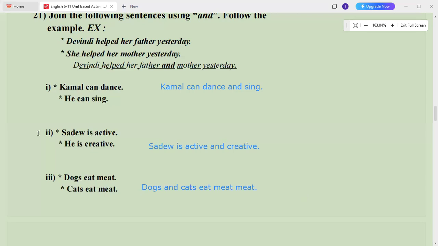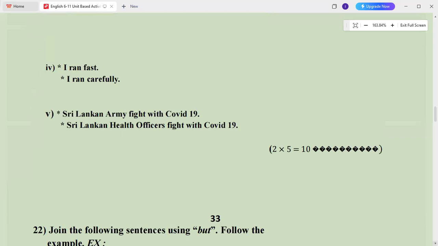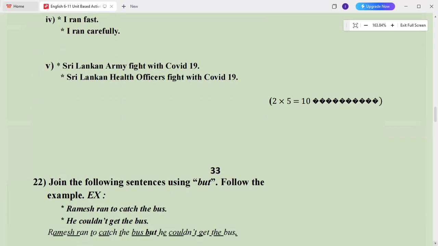Right. Now we are going to focus on some more activities, children, to enrich our knowledge, Puthe, right? Now let us see some more examples, right? Now you see a lot of examples are given here, right? Now I ran fast, I ran carefully. So Puthe, now in these sentences, we have a similar part, right?